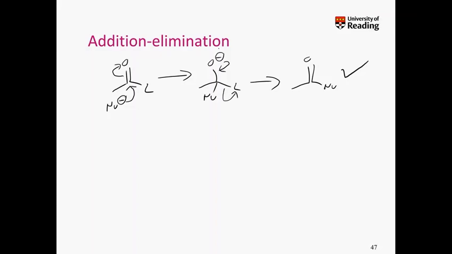What I don't want to see is this. So we take our nucleophile and attack our carbonyl carbon, and we're saying, oh, it's a nucleophilic substitution, it's SN2 style, isn't it? So the nucleophile attacks, and at the same time, the leaving group leaves.